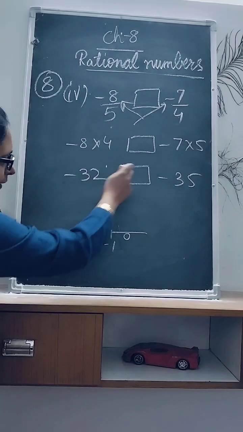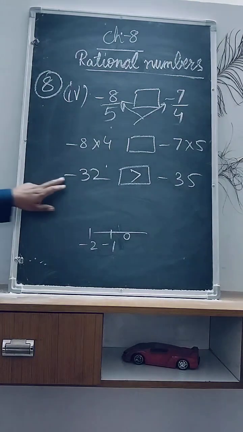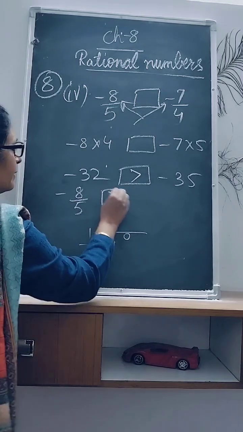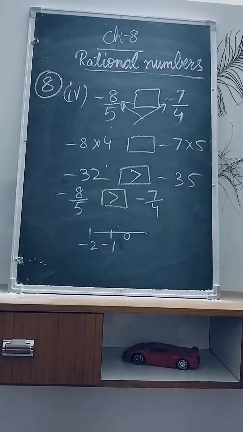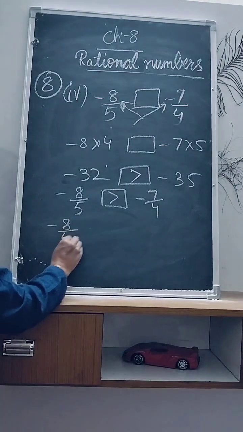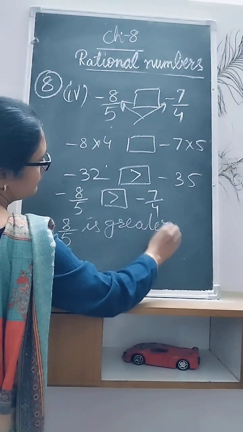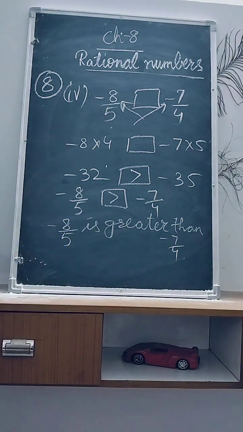So minus 32 is greater than minus 35. So for minus 8 by 5, you can place this sign. Or if someone tells you to write, then you can say minus 8 by 5 is greater than minus 7 by 4. Okay.